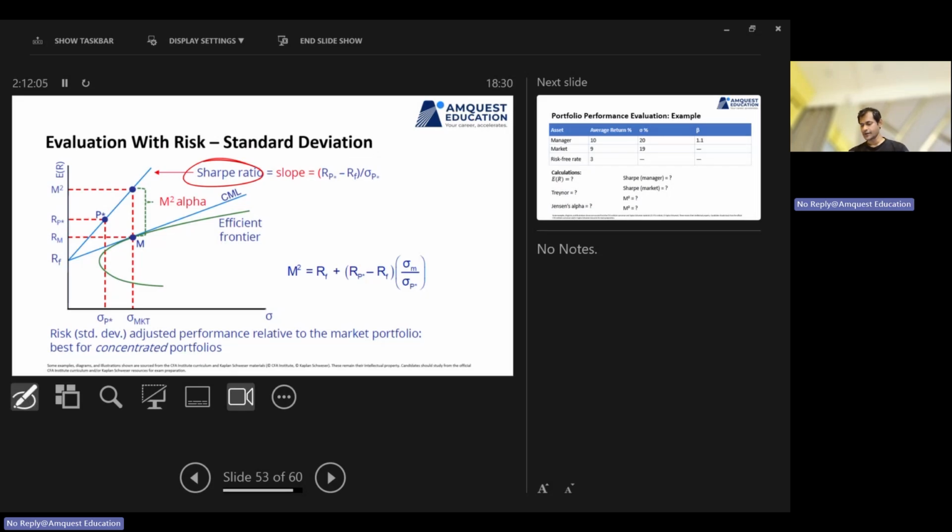Obviously it means how much extra return I'm earning in my portfolio compared to my risk-free return, upon how much risk am I taking compared to my risk-free portfolio. Now you do know that risk-free means zero. So that means it's nothing but the excess return I am making over the risk which is excess.